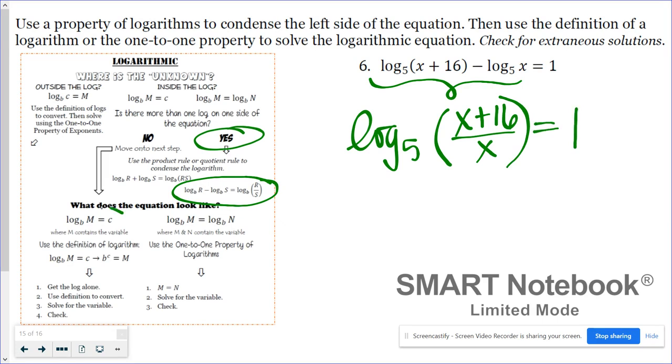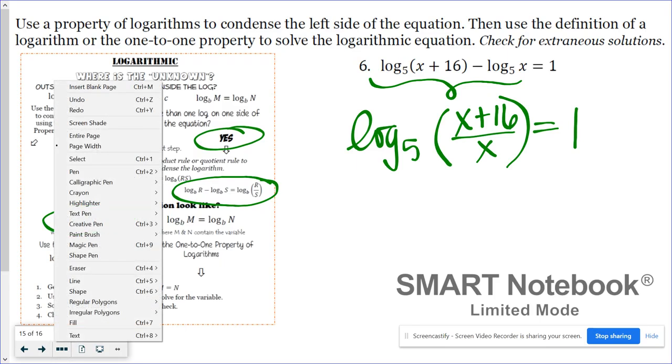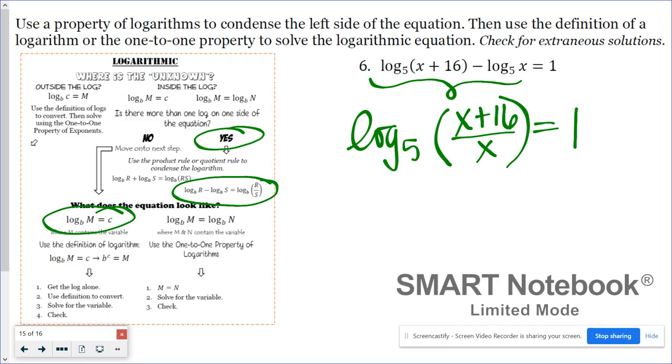What does the equation look like? Well, it looks like this, where I have log equals number. So I'm going to use the definition to convert. The base of the log is the base of my power. The log is equal to the exponent, and then I fill in the rest.